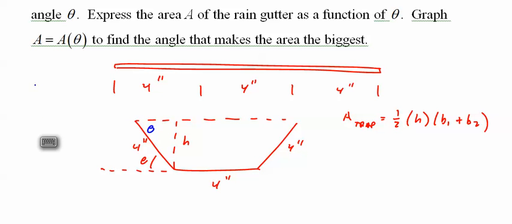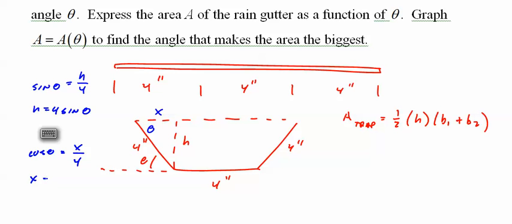And I think it might come in handy to say sine of theta, we'll call this x, and cosine of theta. Sine of theta is opposite over hypotenuse, h over 4. So that h equals 4 sine of theta. Cosine of theta equals x over 4. So x equals 4 cosine of theta.